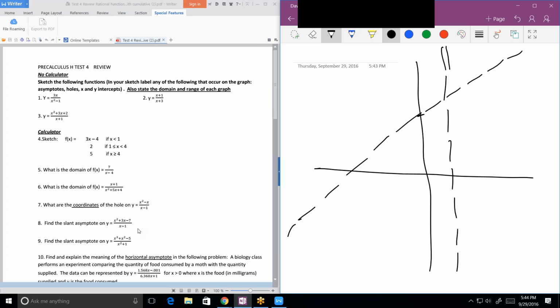And I know that it always approaches the vertical asymptote, so it looks something like that, and the other half of it would be that. But there's another choice here. Again, as always, it could be in these 2 quadrants.